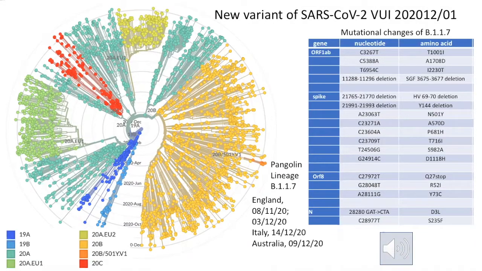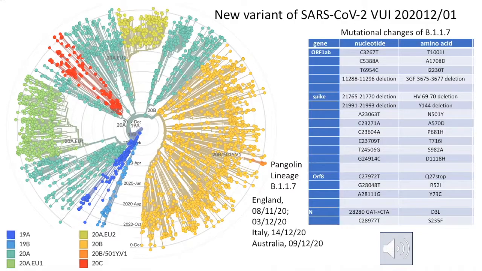And it's actually been put into a subgroup all by itself because of these large number of mutational changes. And the subgroup for that is called 20B-501YV1.